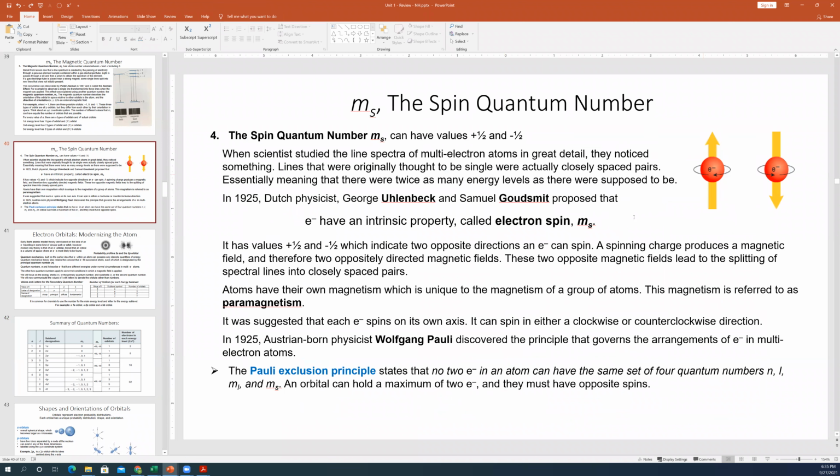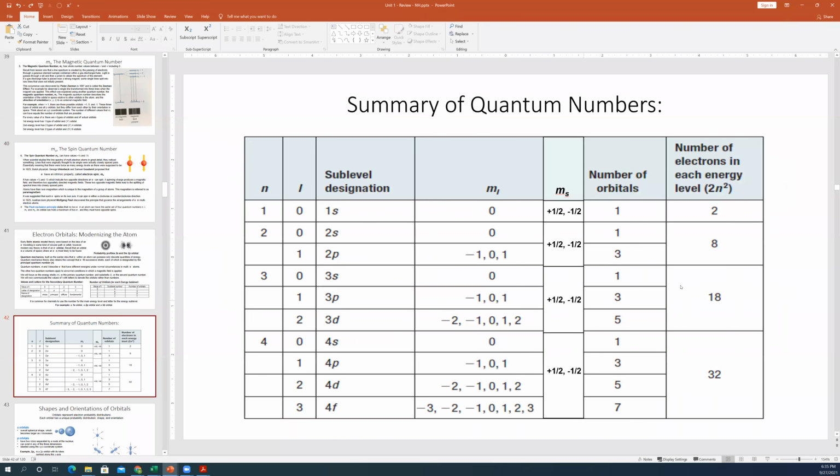And this way, each orbital can have 2 electrons of opposite spin. That's why at energy level n equal to 1, you have 1 sublevel and only 1 actual orbital, and in that orbital, you can have up to 2 electrons occupied.